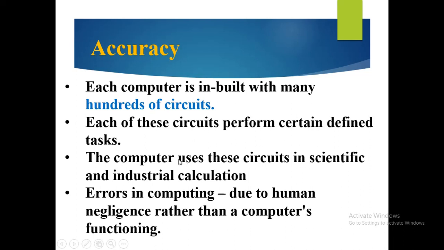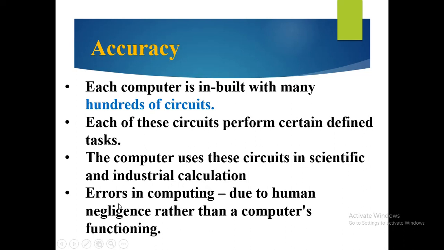The computer uses these circuits in scientific and industrial calculations.